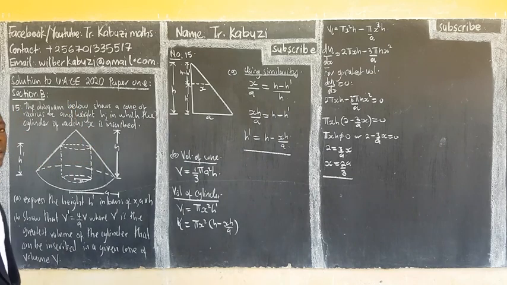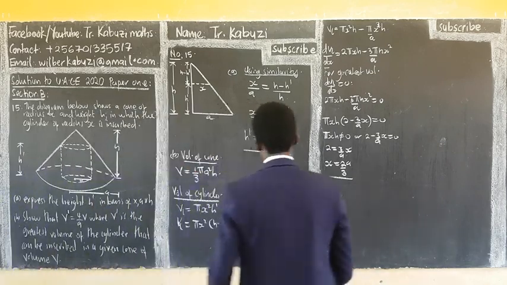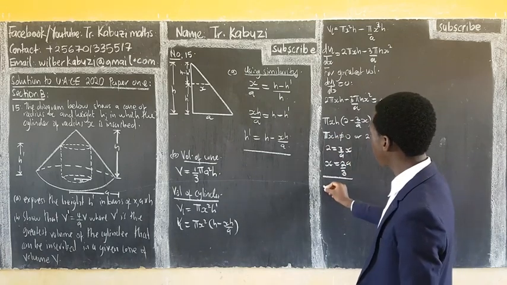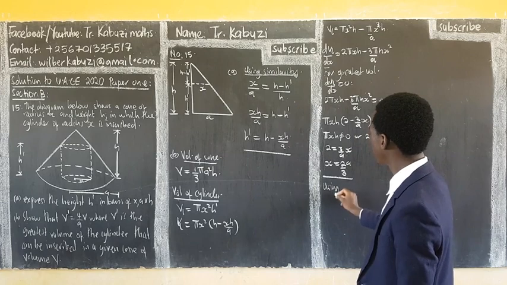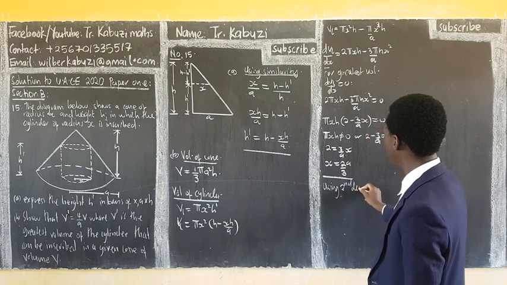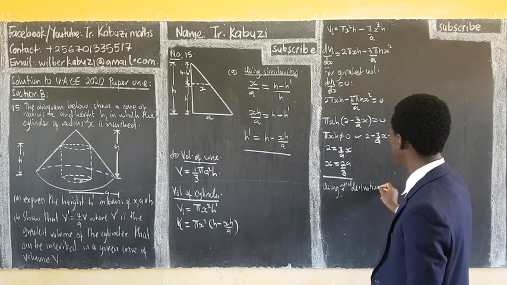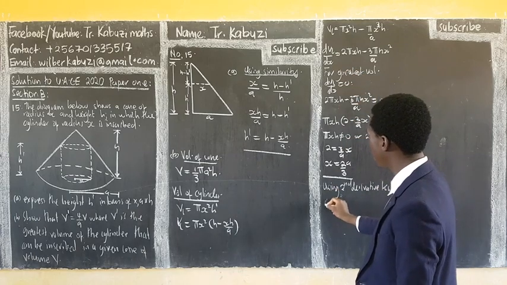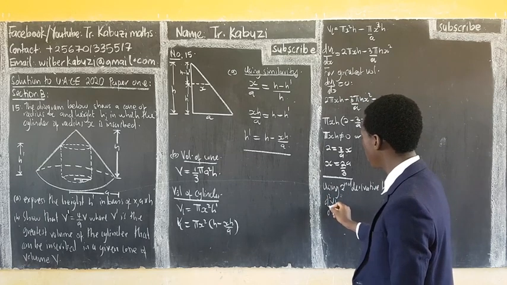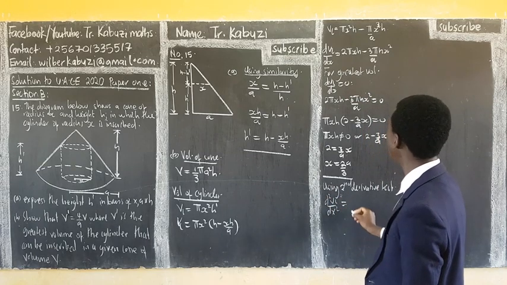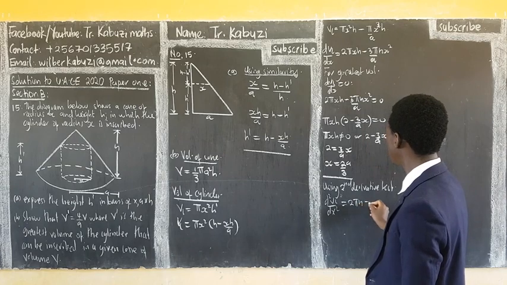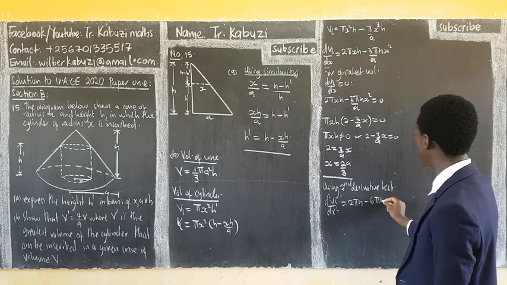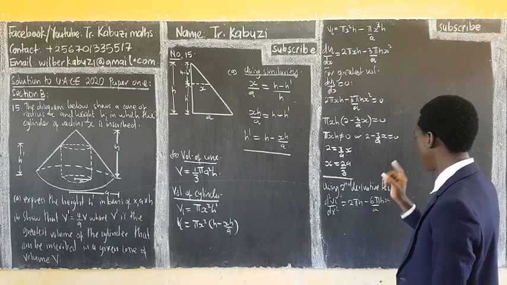Now we have to test this value using the second derivative test. So from here, the second derivative d squared VL over dx squared is going to be 2 pi h minus 6 pi h x over a.